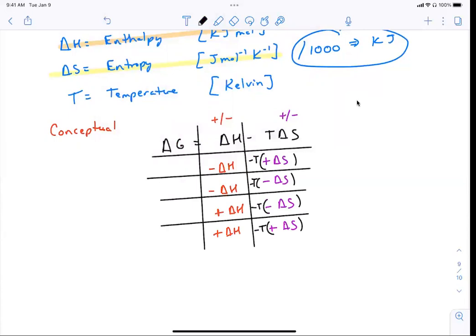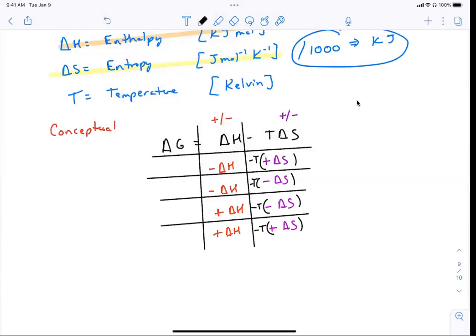So each of these possible sign combinations can get you different possible delta G's. Let's look at this first combination here: negative delta H and positive delta S. What happens to our positive delta S when multiplied by T? Becomes negative.